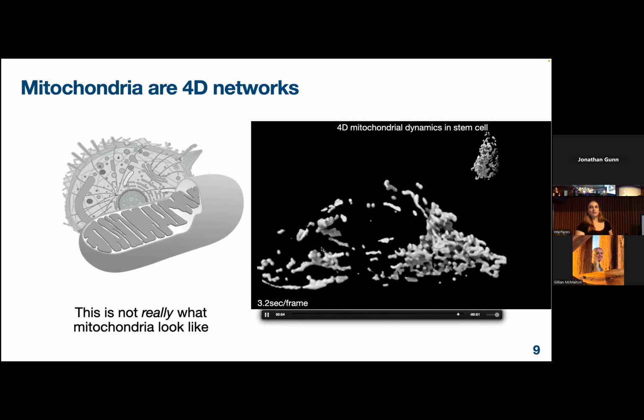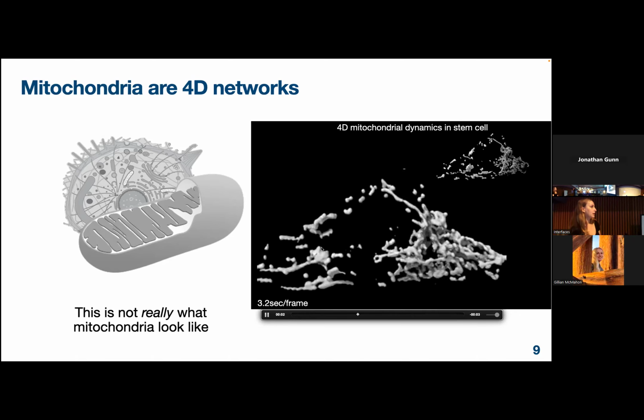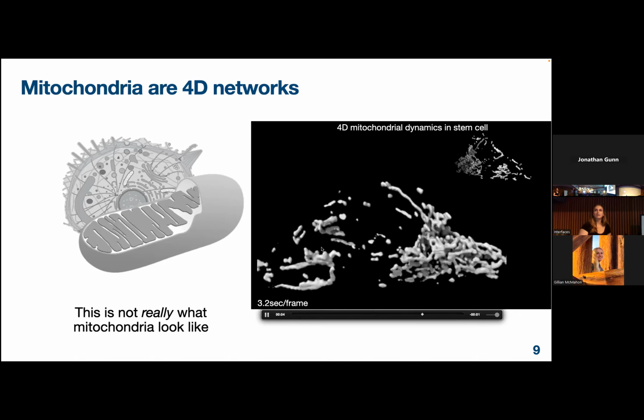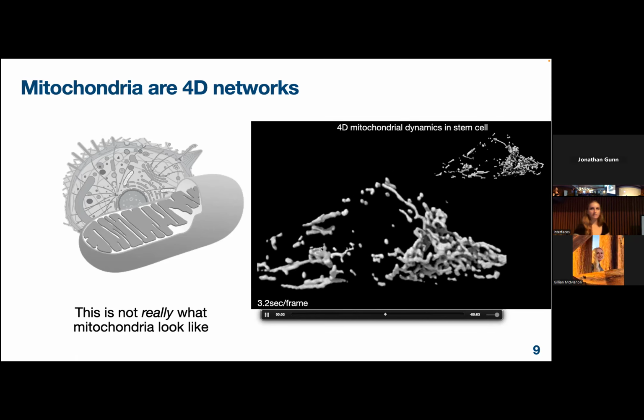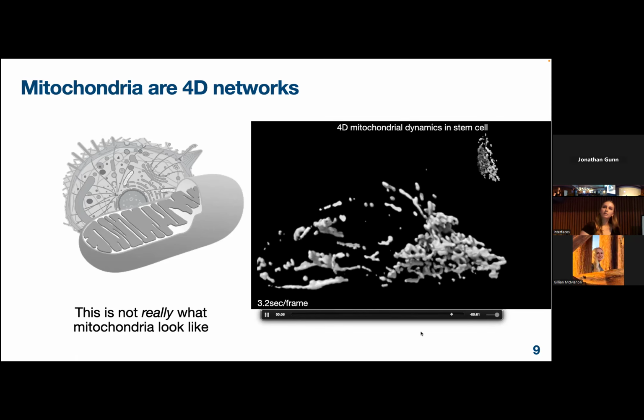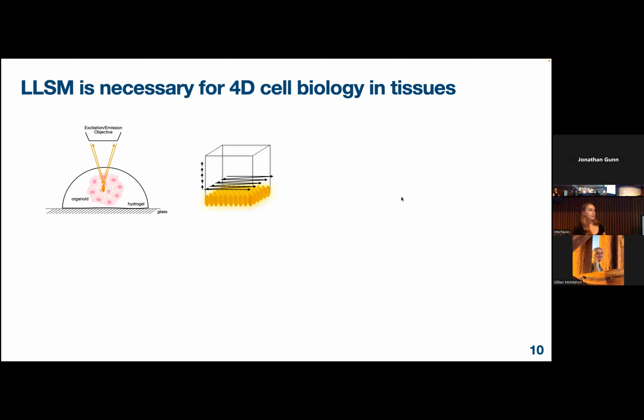So in order to study a dynamic network like this, we need to use 4D cell biology. Typically for 4D cell biology, people are using confocal microscopy. So with confocal, this one is showing a point scanning confocal.